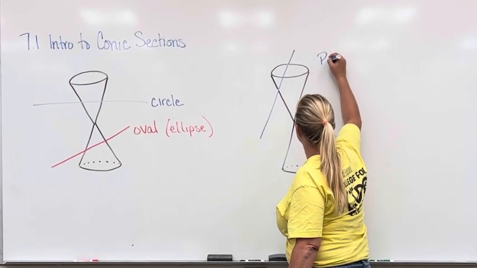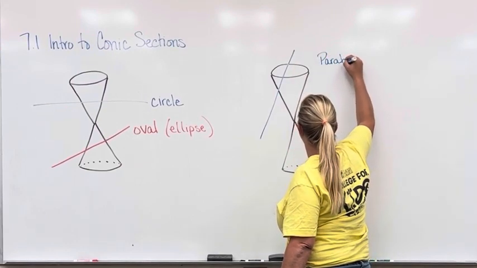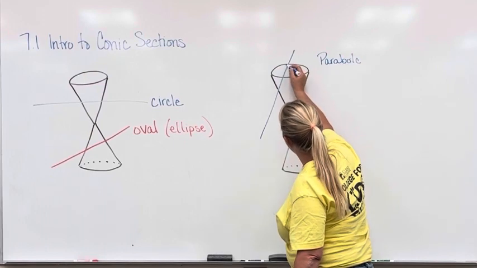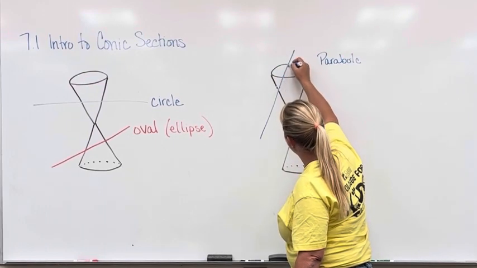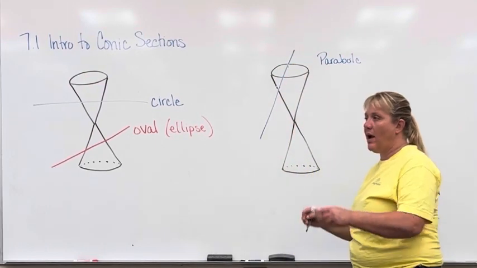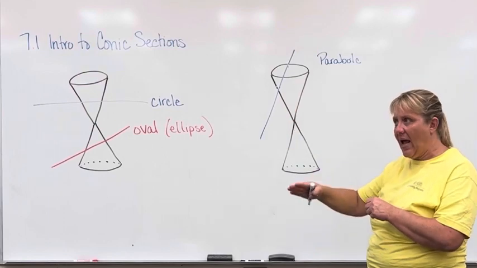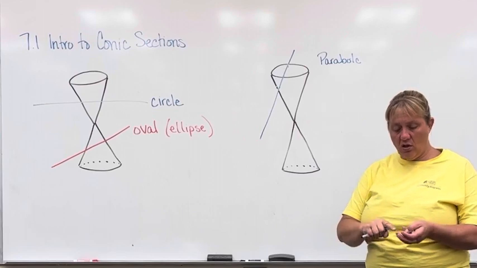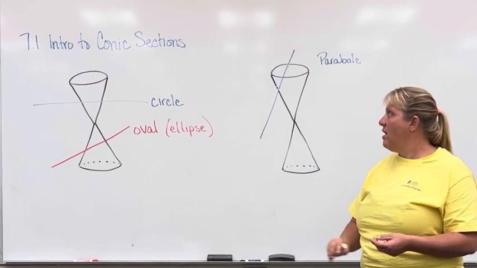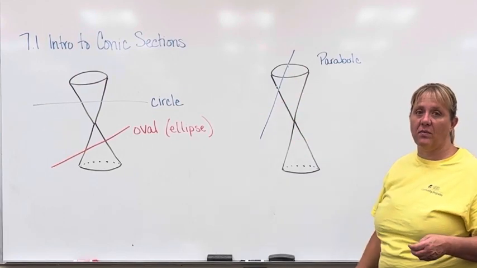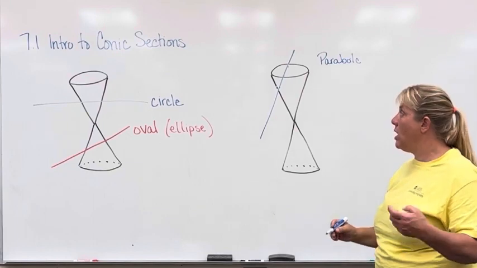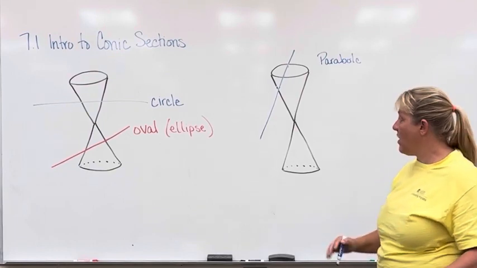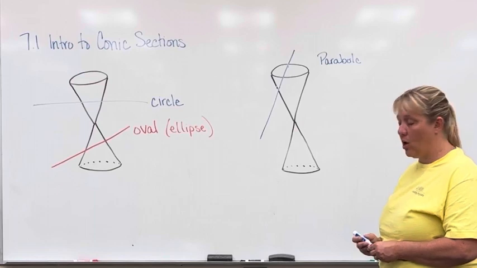But this creates a parabola. Okay, so as you cut this, there's going to be a parabola left there. And a parabola, if you think about that, it has that kind of circular shape. So all of these, the circle, the ellipse, the parabola, they're all related to each other because they all come from conic sections. Okay, they're slices of a cone.